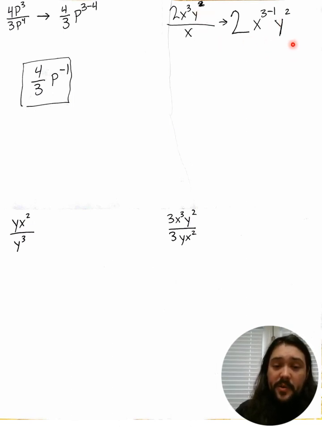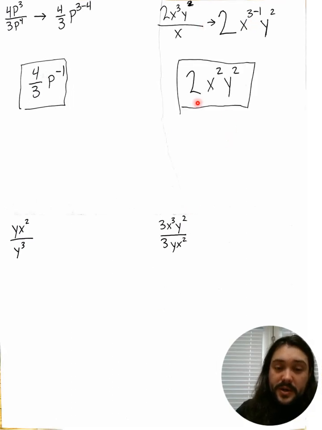Now I have 2 variables. Remember, I never combine them, right? They're separate. I combine all the x's, I combine all the y's, but I don't combine the exponents of different variables. Okay, so 3 minus 1, we just need to simplify that. 3 minus 1 is 2, so we get 2x squared, or x to the 2, y to the 2.